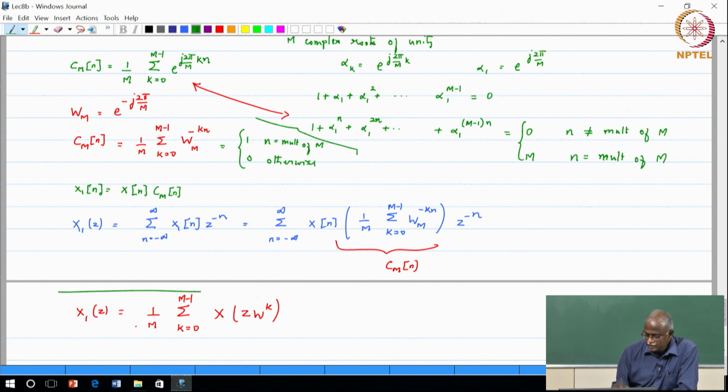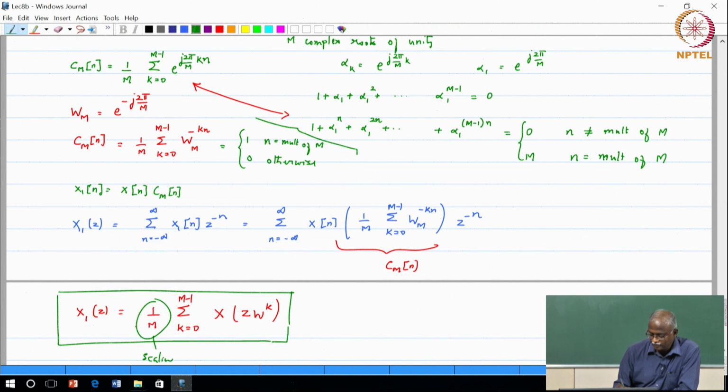So this equation I would like you to interpret using the following. One, there is a scaling, an amplitude scaling. The second one, there are copies of the signal, multiple copies. How many copies? m minus 1 additional copies. And the third is that the copies are frequency shifted.